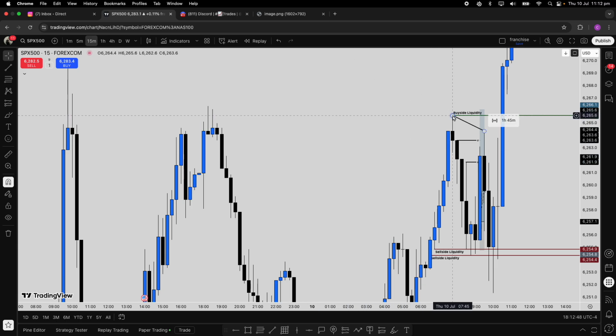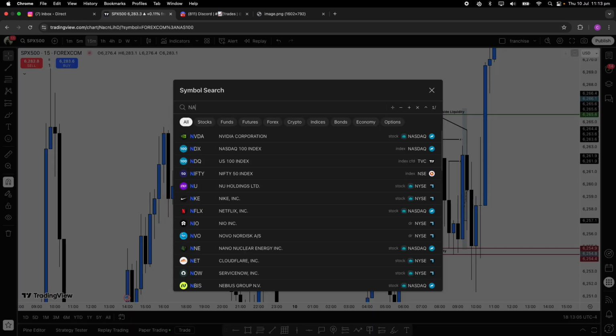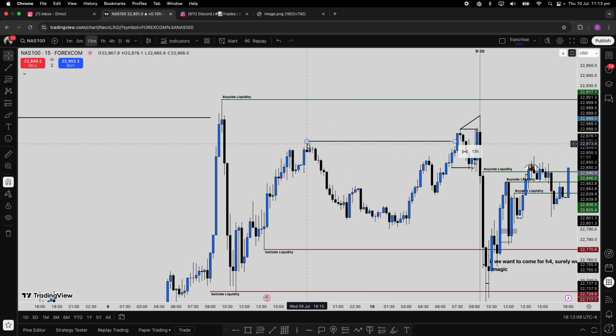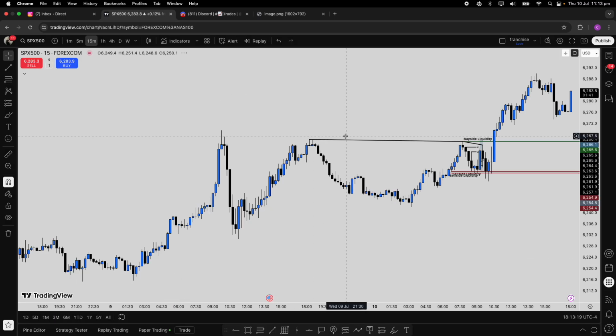I think we did actually have SMT as well on this move. So we had SMT on this move to retrace. So technically the better longs would have been on NAS. So that is my mistake. We did still win. Let's see what this was at 6:15. Yeah, so we did have SMT.